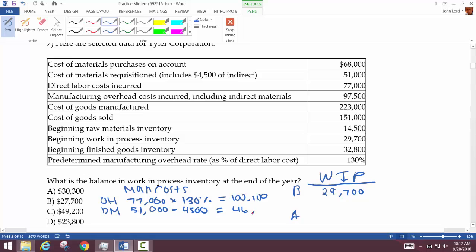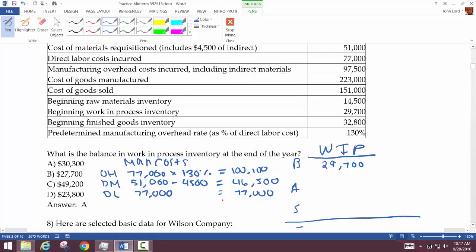Okay. So good. That's going to be 46,500. Good. Direct labor, they told us was, they just came right out and told us it's 77,000, right? Okay, why don't you write it underneath, so just write 77,000 so we see the whole thing totaling up. Good. Okay, good. So you're going to add those three.